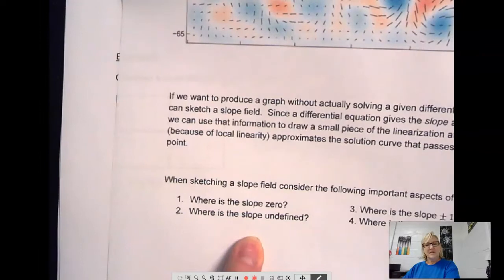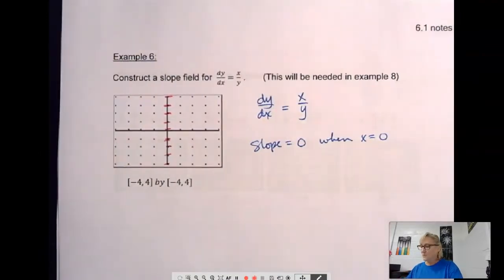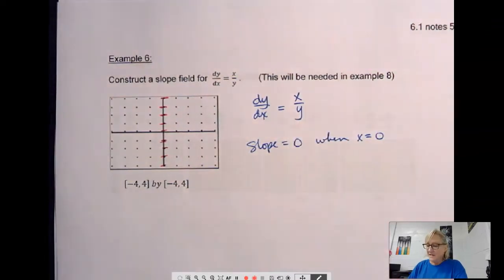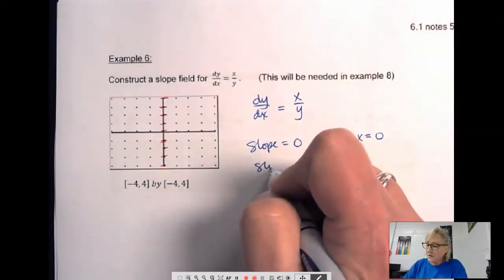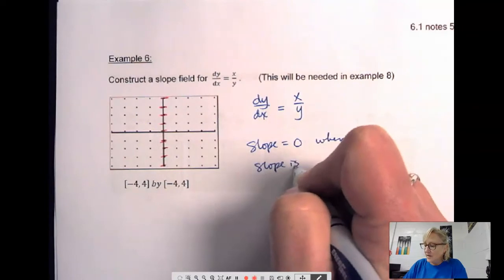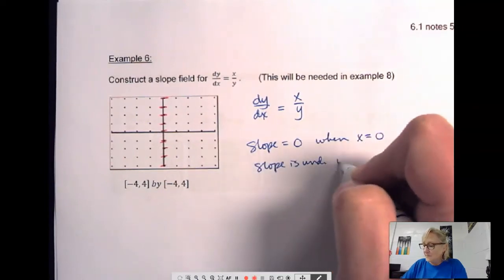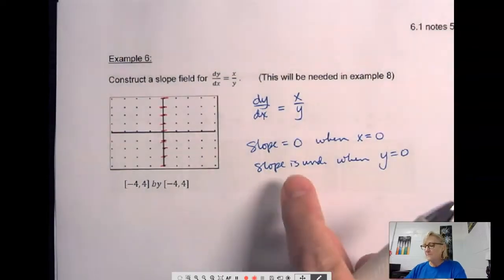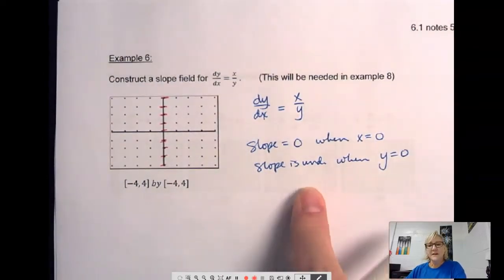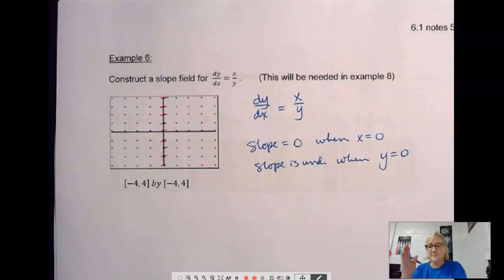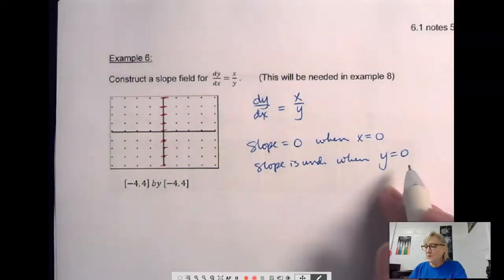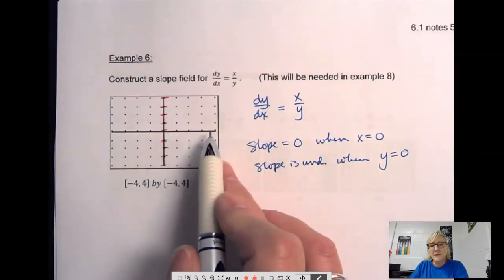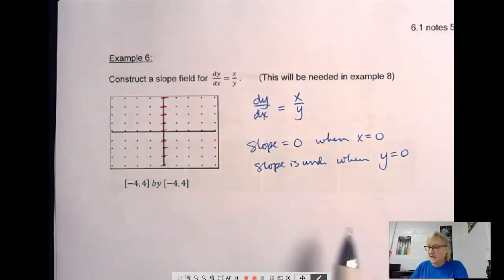Where's the slope undefined, if it is? Oh, this one is. Since I have a denominator that has a variable in it, anytime that y is 0, the slope is undefined. Okay, so a slope that's undefined means you have a vertical line. y equals 0 all along the x-axis. That's where the line y equals 0 would be, right? Resting on the x-axis.